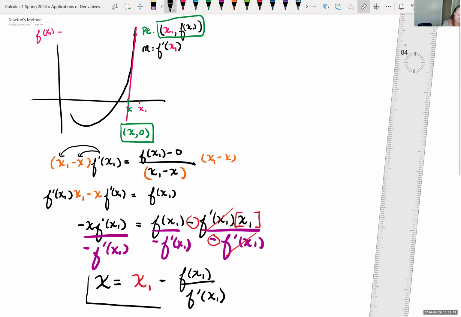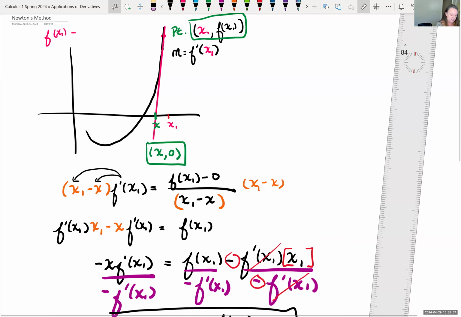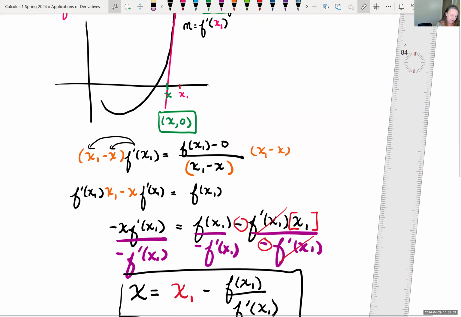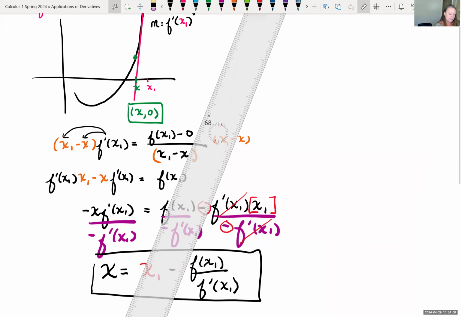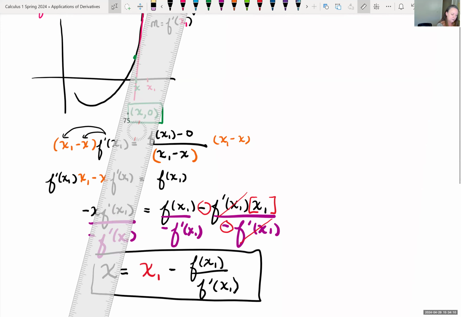So once we find that value, we want to repeat that process. And so if we go back up to our equation, let's say that we went back and we chose our next point to be on our graph at x, and we repeat the process where we find this equation of the tangent line.